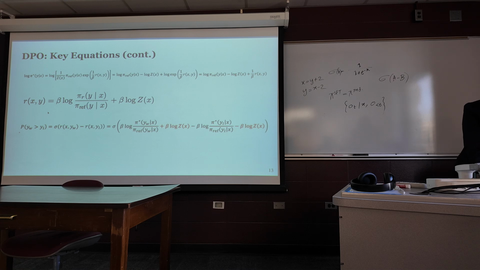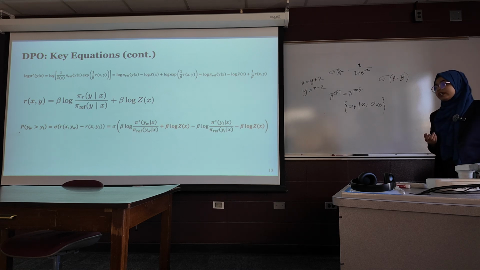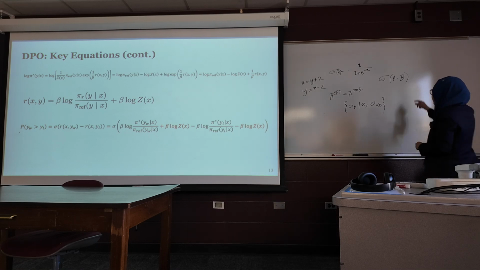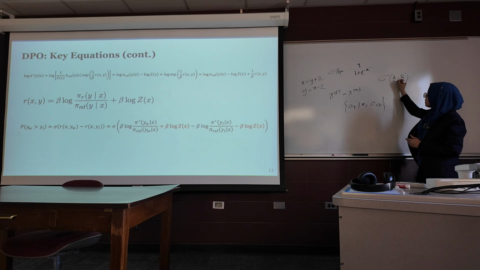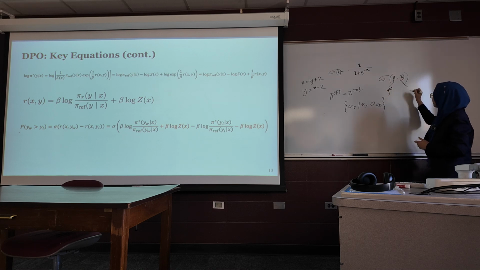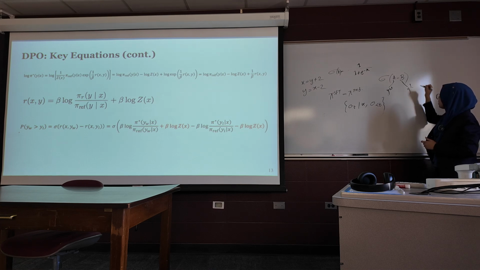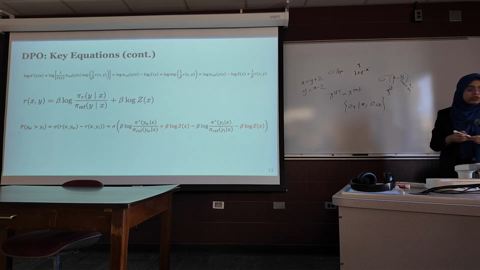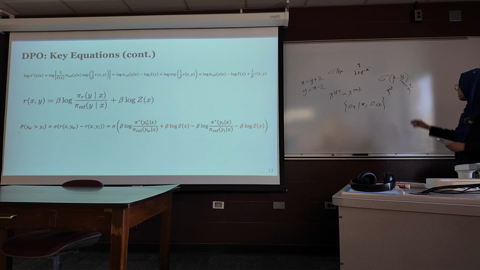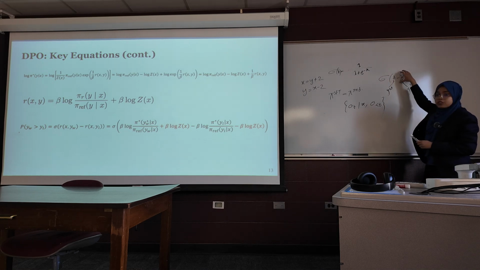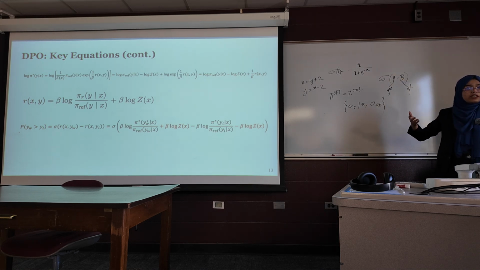So now you have a reward score function. If you remember the Bradley-Terry model, the equation can be written like this, sigma of a minus b. This one was the reward score for the preferred answer. This one was the reward score for the rejected answer. So now you take this reward score equation and put it here in place of a, in place of b, in terms of y_w and in terms of y_l.